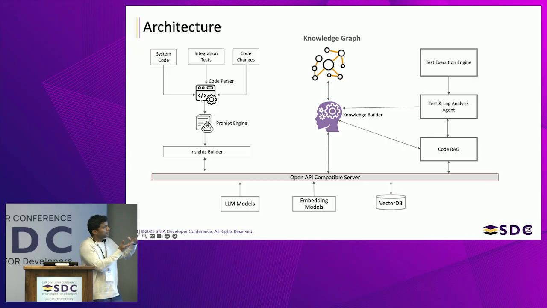Now, we saw a node structure consists of multiple fields. Do I need to embed everything, right? So that is a bit tricky. Should I embed just the function code? Or should I embed just the scenarios? Or should I just embed the natural language summary of the function?